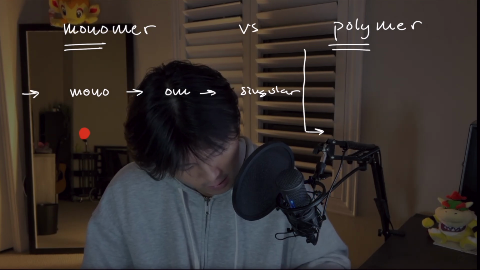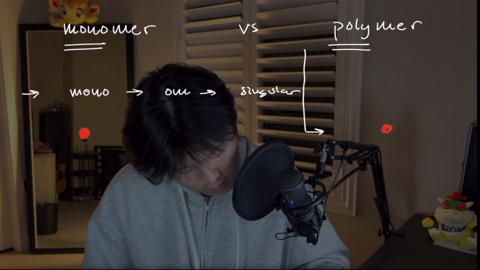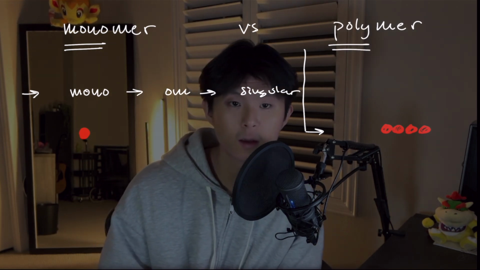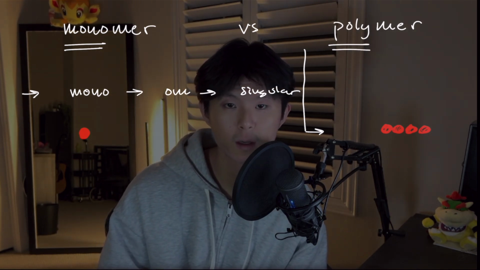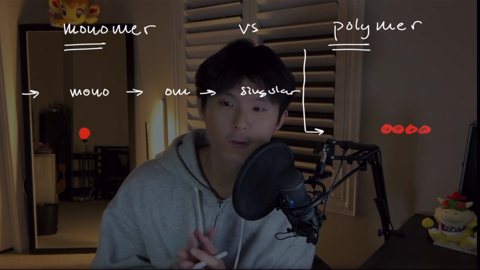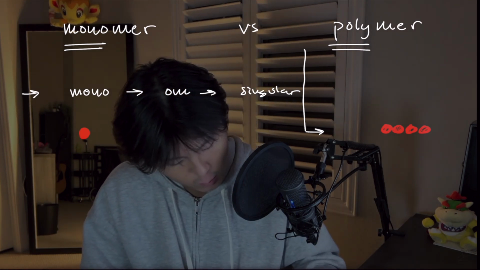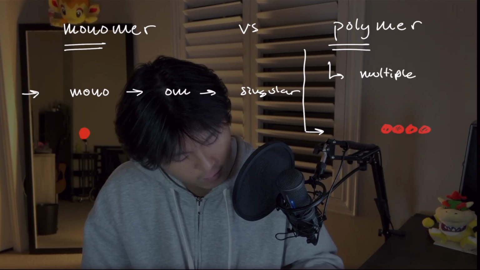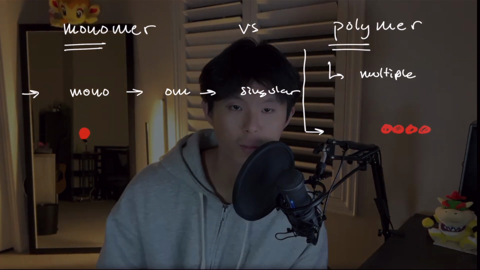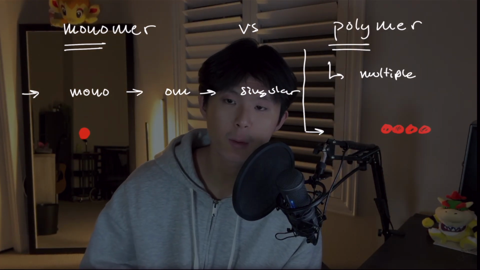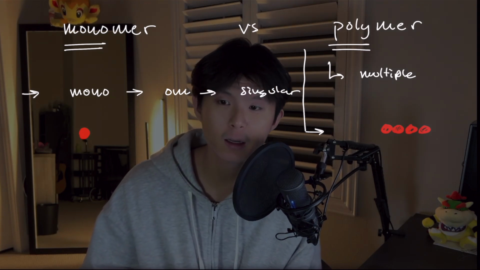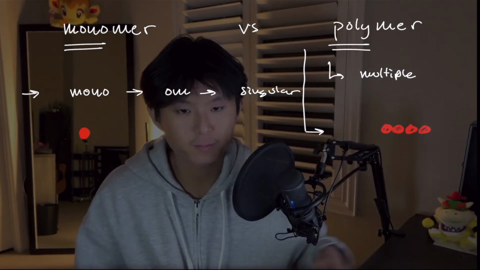Yeah, basically it's the whole necklace. When monomers link together, they form polymers. Poly means multiple. That is the root of polymer. So polymers are everywhere in biology, from your hair to your muscles.